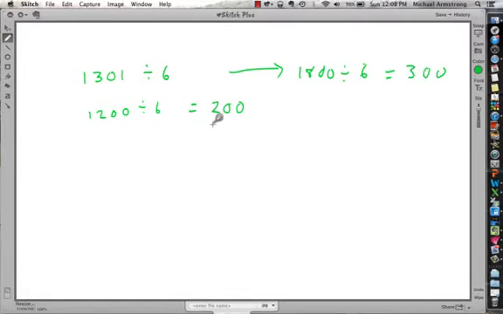So you'd have 200 for a low estimate, and this is actually closer to what it really is. 300 would be your high estimate. Okay, see how that works?